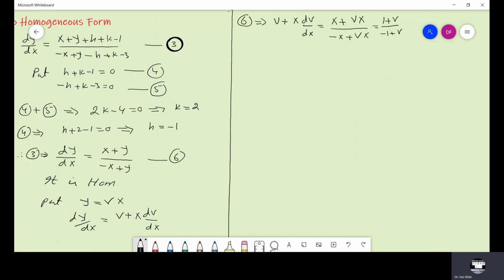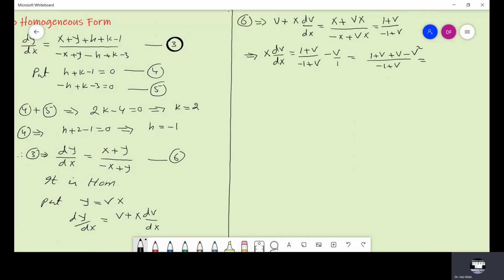plus v. Now taking v from the left hand side to right hand side, we have x dv divided by dx is equal to 1 plus v divided by minus 1 plus v minus v. Let us take its LCM. So its LCM is minus 1 plus v. We have 1 plus v and minus, this is plus v and minus v square.